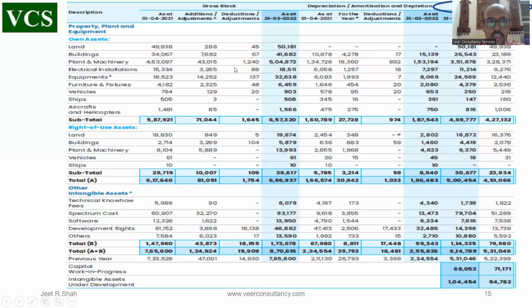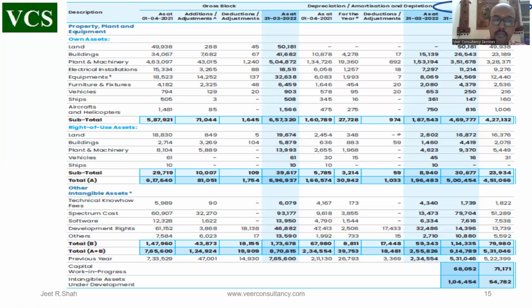In this case, if you take plant and machinery, my gross block at the end of 31/3/2022 was 5,04,872 crores. What I had charged till now was, over here, 1,53,194 crores. So when I reduce 5,04,872 minus 1,53,194, you will get the net block. So basically, what is the net block? Gross block minus the depreciation.